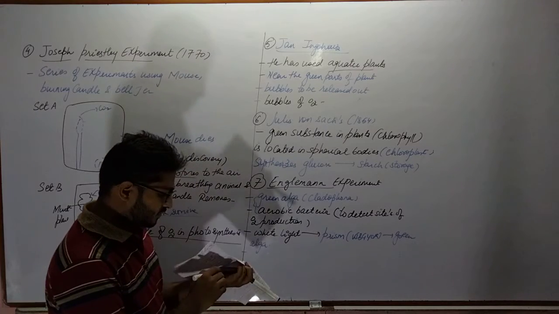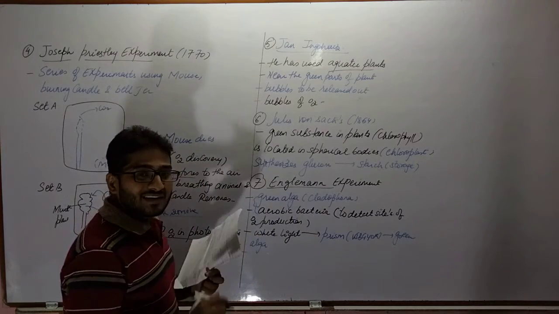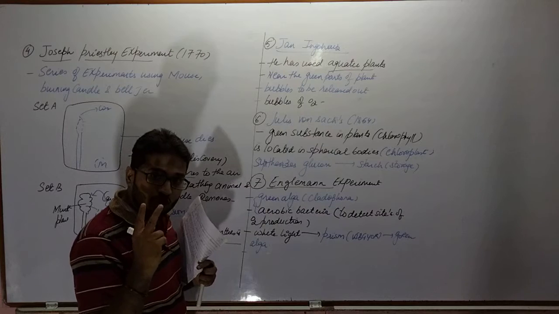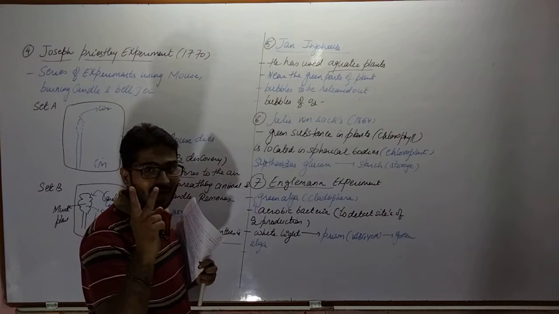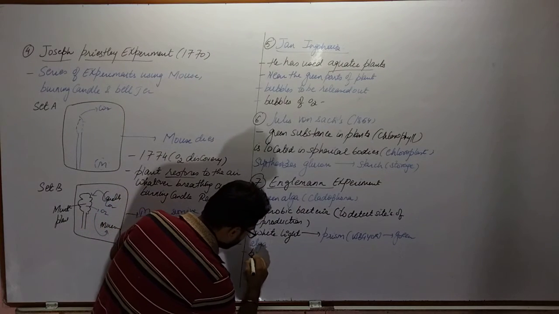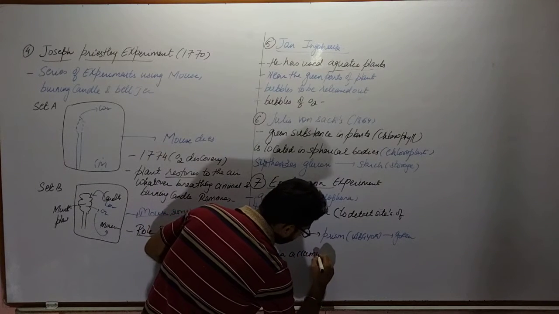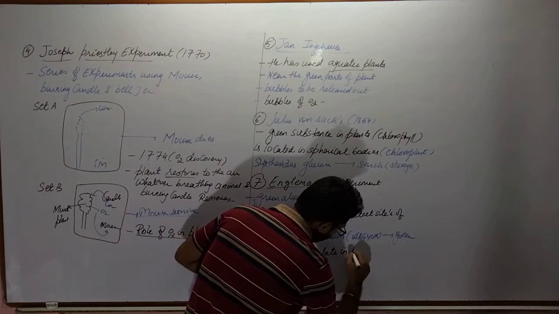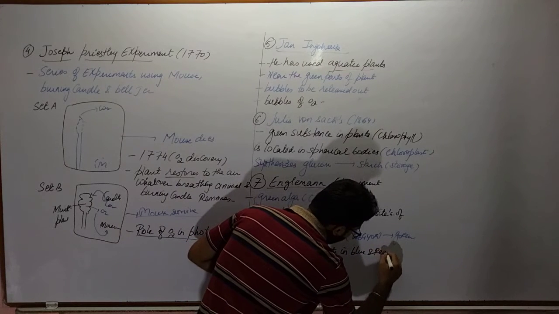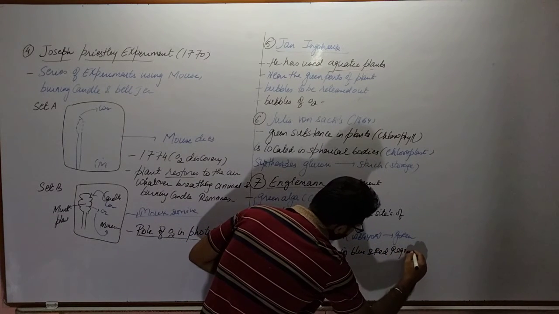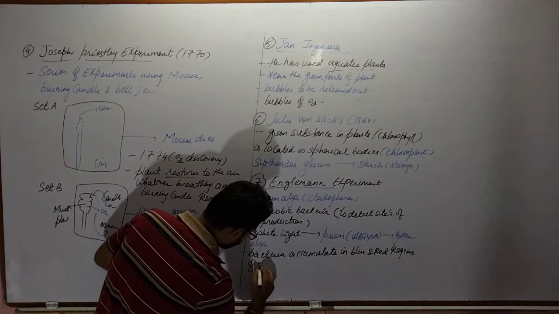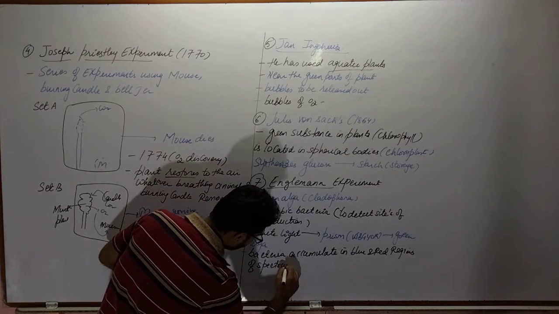What he found is that aerobic bacteria tend to accumulate in two regions of the spectrum, the blue and red regions.